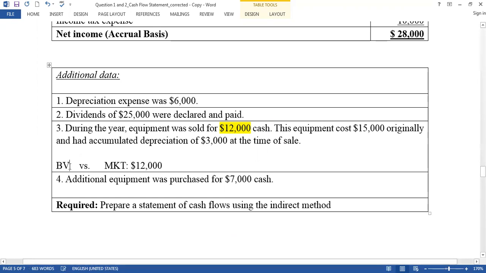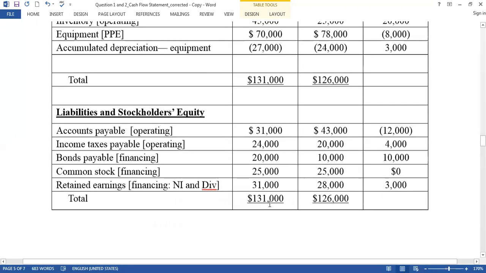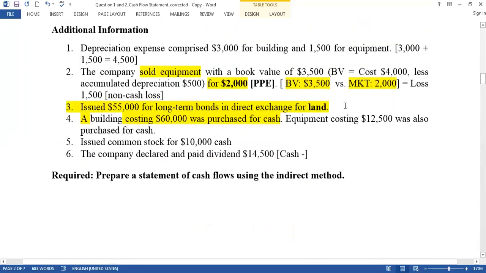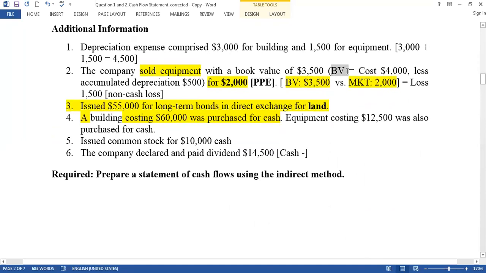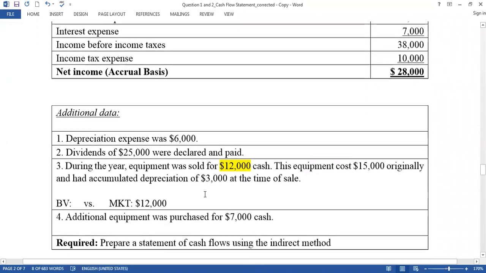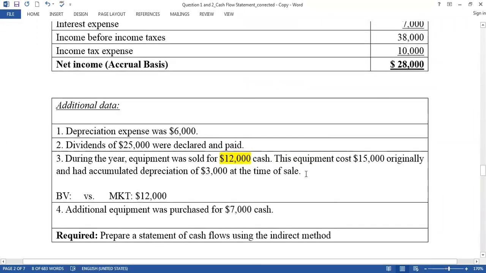Now, what is the book value? Can you remember the formula of book value according to the previous question? Book value equals cost, right, minus accumulated depreciation. Based on this formula, what is the book value according to this question?